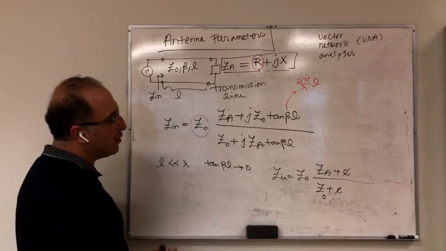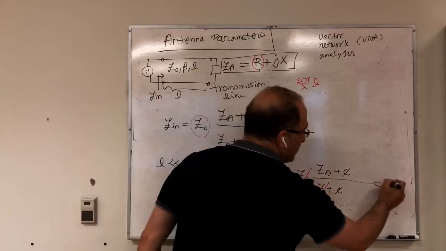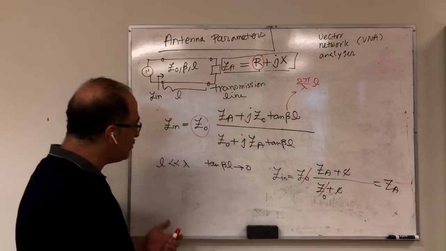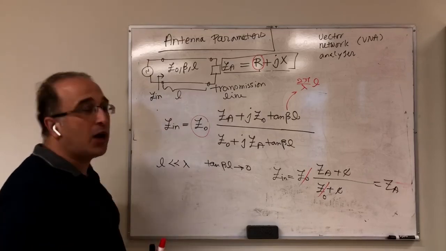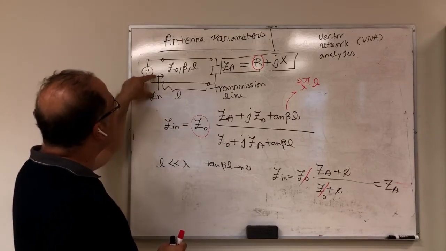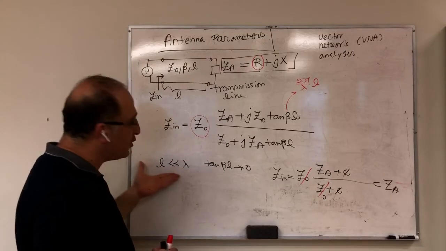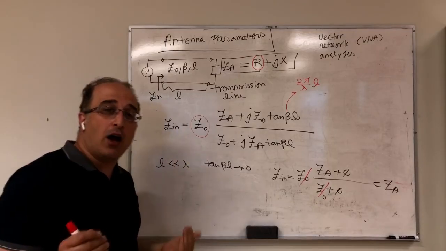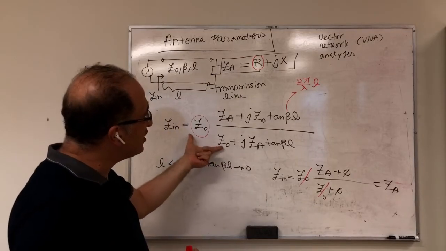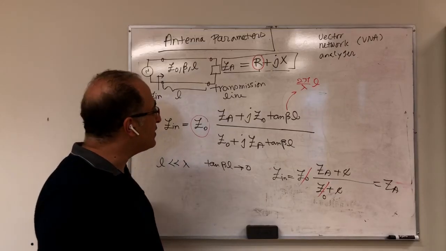These two terms become 0, and then Z0 and Z0 cancel. You get ZA. So as you expect, if length is much smaller than wavelength, this becomes lumped circuit. Therefore, Zin from here is essentially ZA. But in antenna theory, we don't satisfy that. We are always in a situation where the frequency is high and we're dealing with a transmission line. So you need to use this very important equation.